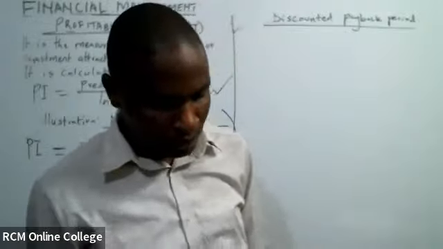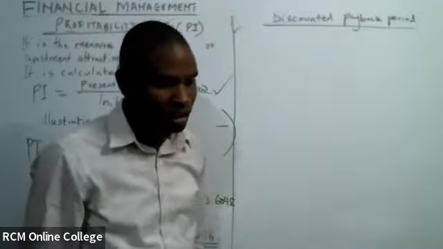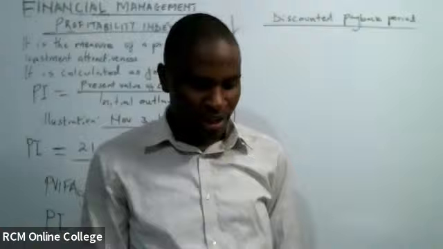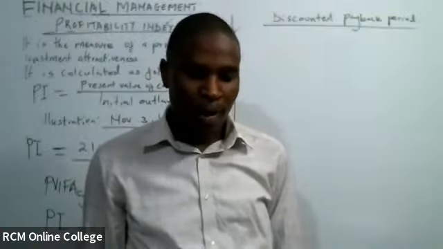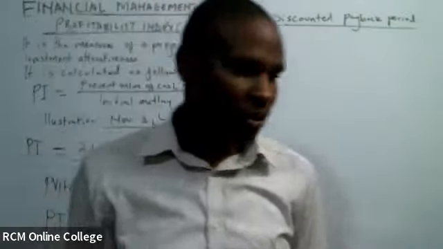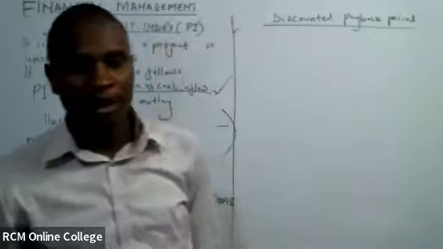Now we repeat: a discounted payback period gives the number of years it takes to recover the initial investment by discounting the future cash flow, and recognizing the time value of money.